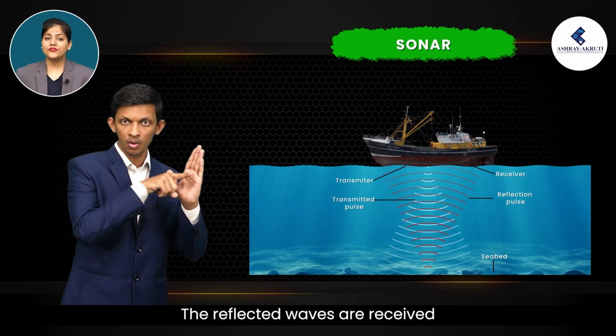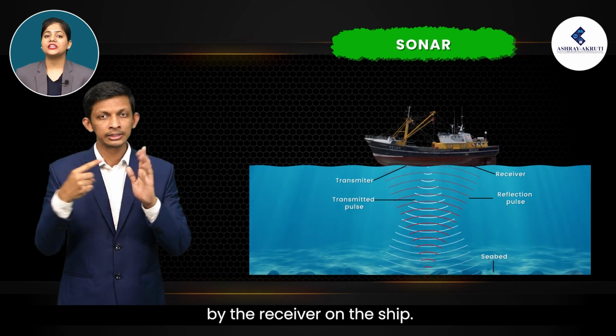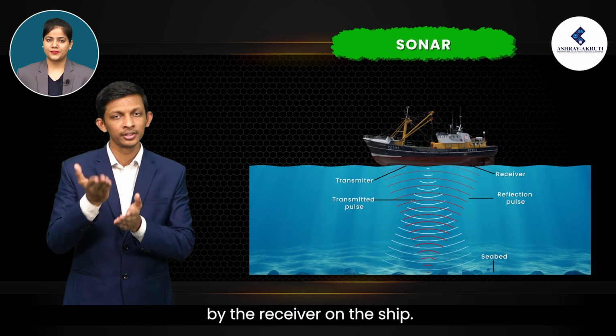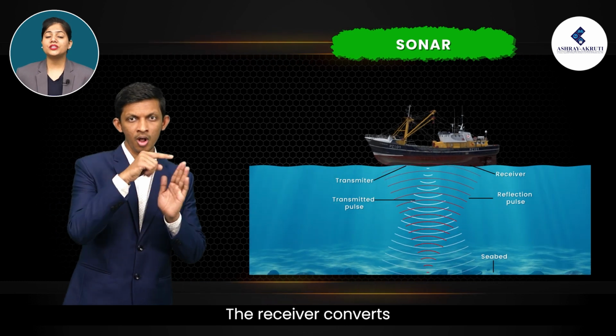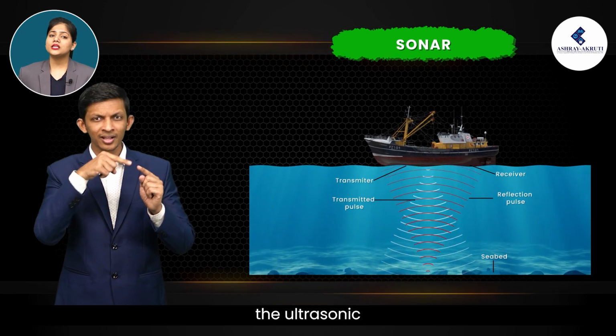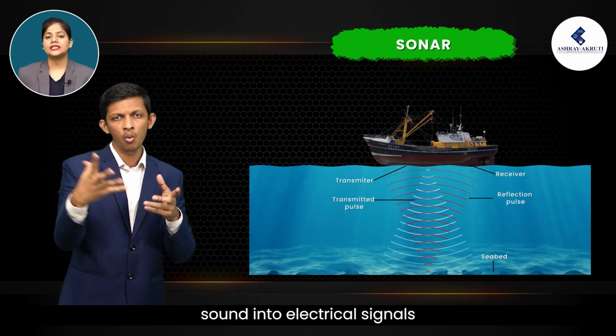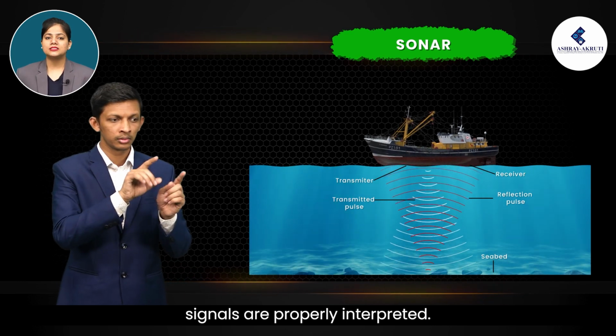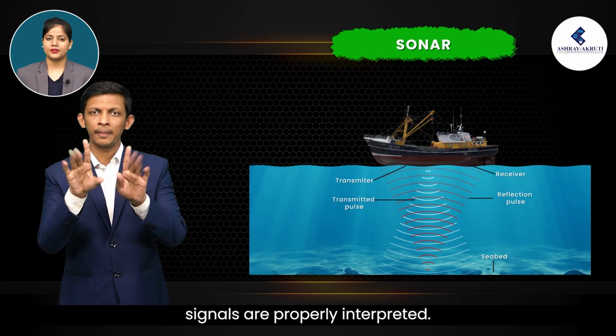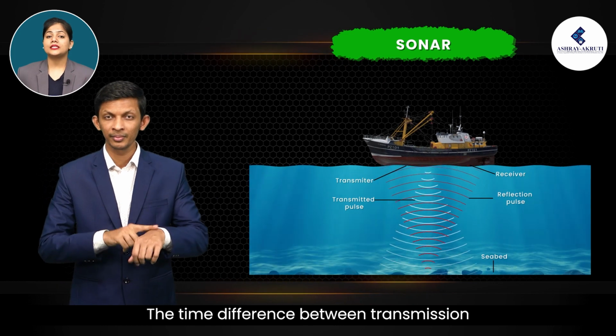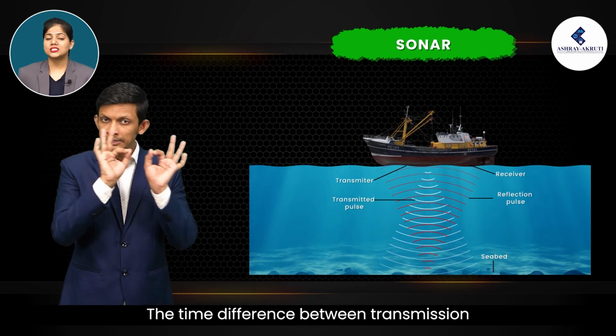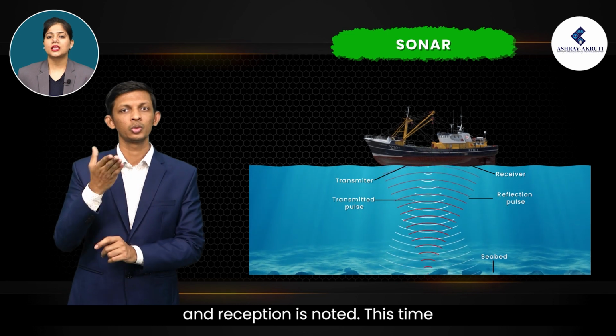The reflected waves are received by the receiver on the ship. The receiver converts the ultrasonic sound into electrical signals and these signals are properly interpreted. The time difference between transmission and reception is noted.